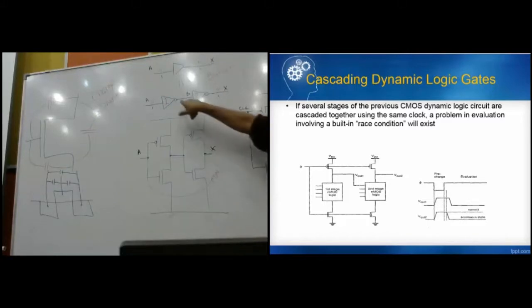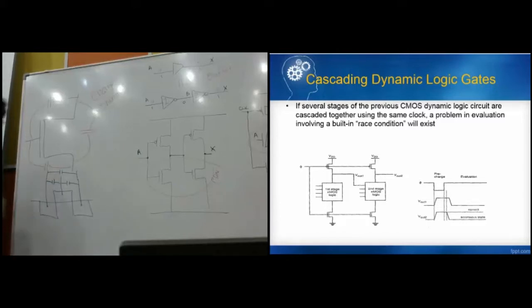Sebab mengapa? Output pada inverter pertama akan jadi input untuk inverter kedua. Alright? Okay, this is where you can see that we have two gates here. Okay? Output pada gate yang pertama akan jadi input kepada gate yang kedua.